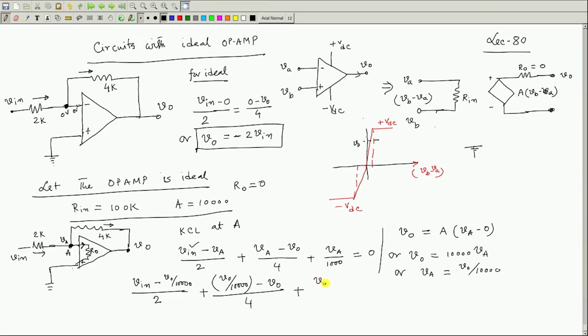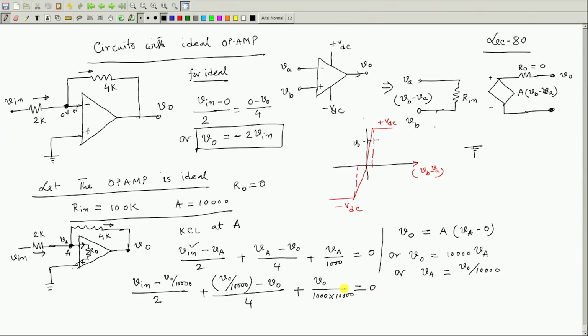So, V naught divided by, why this 1000 where from I got? R in. So, V naught divided by 1000 was already there, then 10,000. This will be equal to 0.